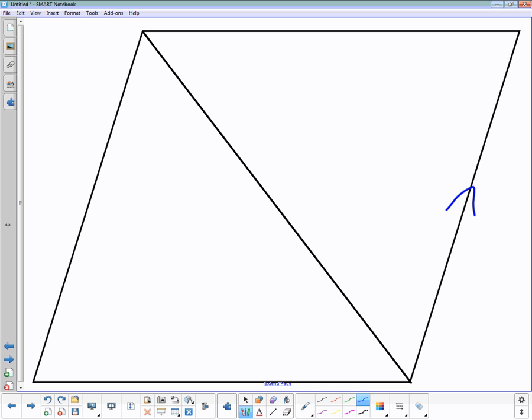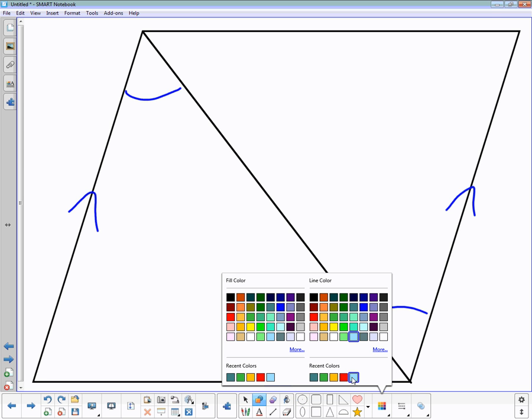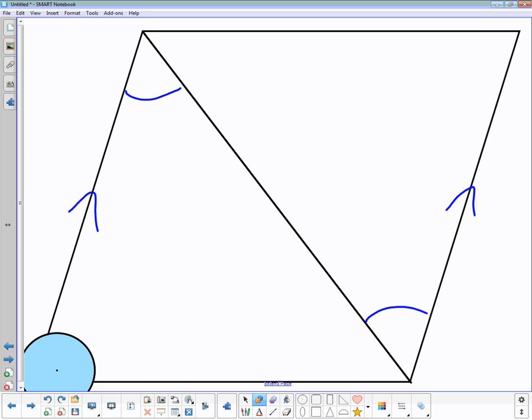These are parallel, aren't they? Right. So that means that angle and that angle are a special angle pair. Those are congruent. And in fact, if we go back to our blue circles for just a minute, whoa, pretty big.